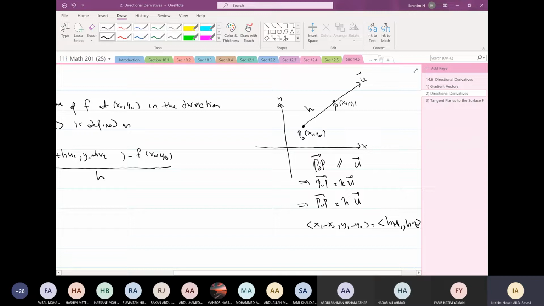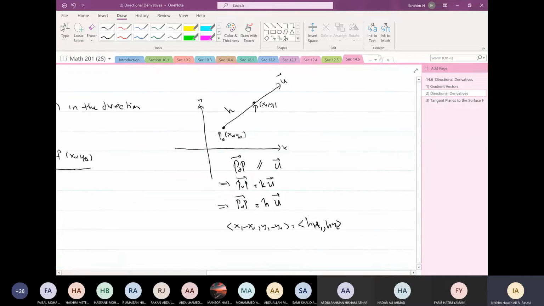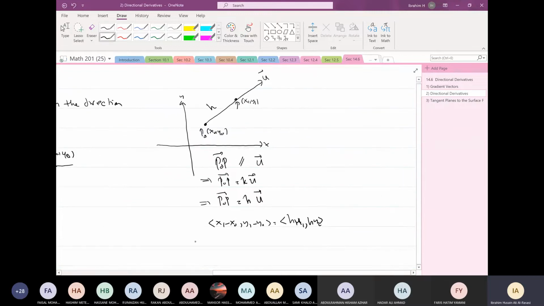Now equate, combine: x1 minus x0 equals hu1, y1 minus y0 equals hu2. So x1 equals x0 plus hu1 and y1 equals y0 plus hu2.